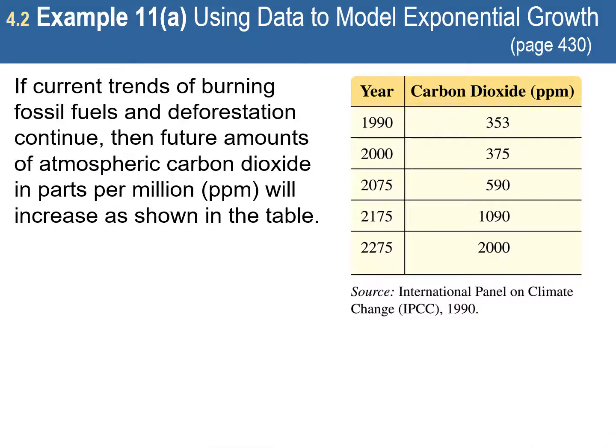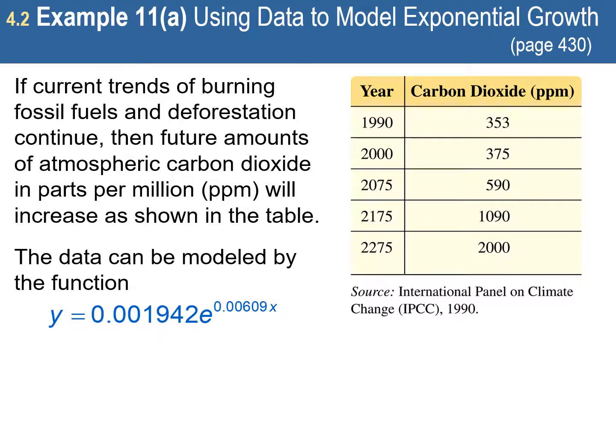One example of exponential growth is carbon dioxide. If current trends of burning fossil fuels and deforestation continue, then future amounts of atmospheric carbon dioxide will be increased as shown in the table.